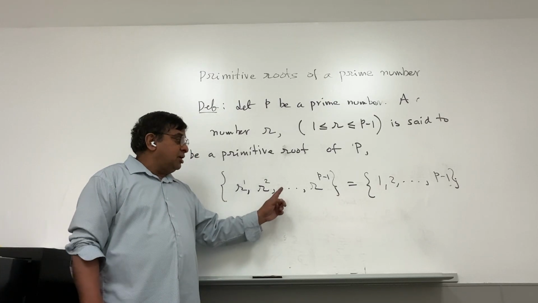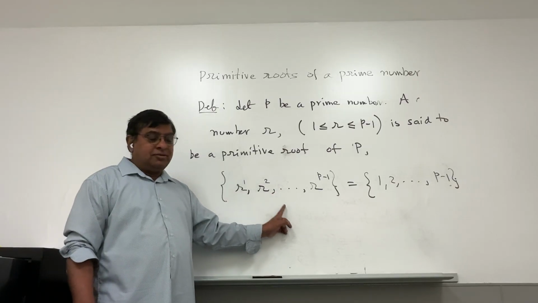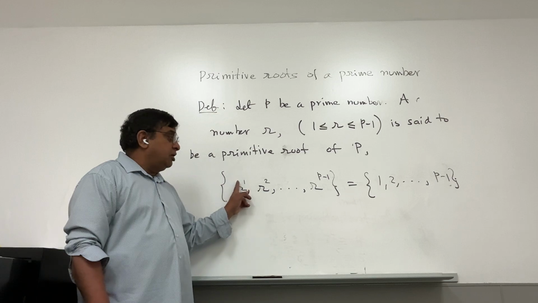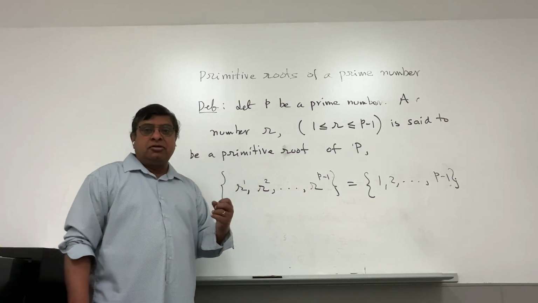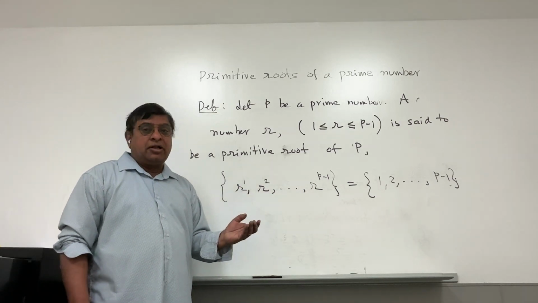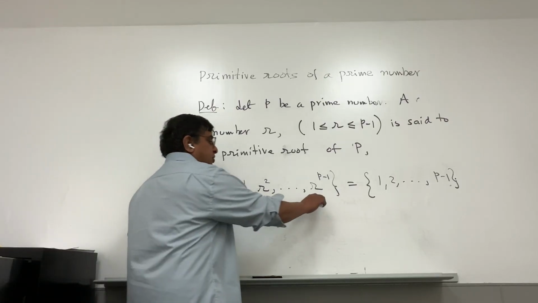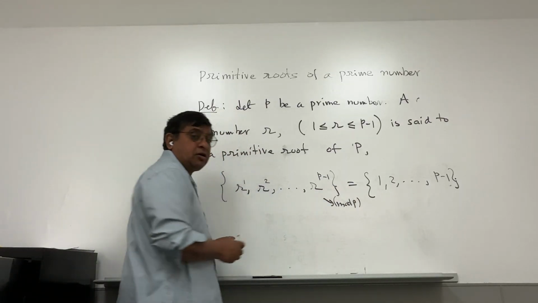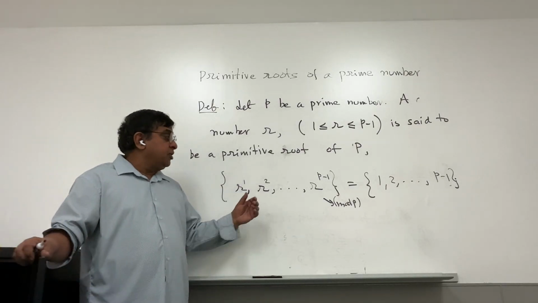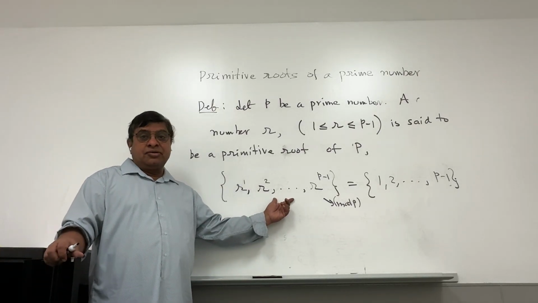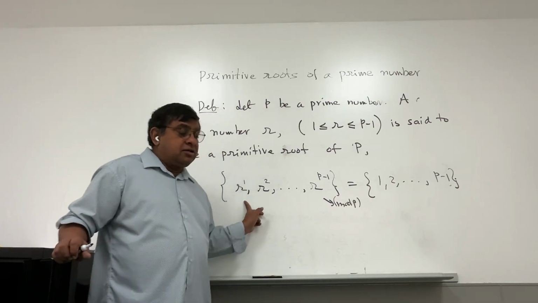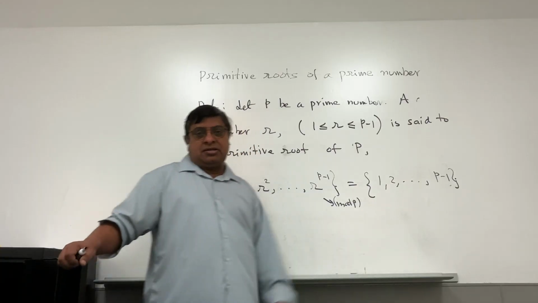That means it is not possible for two different powers of r between 1 and p minus 1 to have the same value. Of course, we compute this mod p. So no two will yield the same value mod p, and this set must be equal to that set.